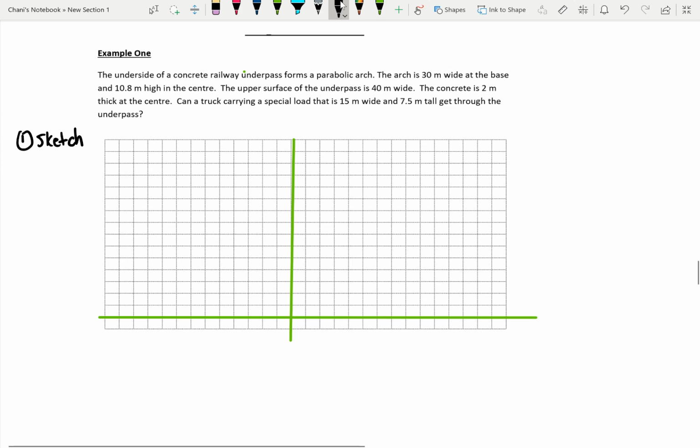Because it's 30 meters wide, that means going 15 meters out, and 15 meters the other way. Oh, you know what?